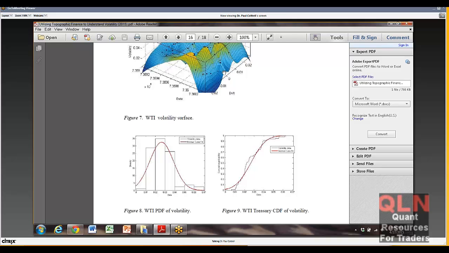But to read this, let's just say .03, you're about at the 80% mark that volatility is going to go down. So that's somewhat indicative of the qualitative measuring or interpretation of the surface here.